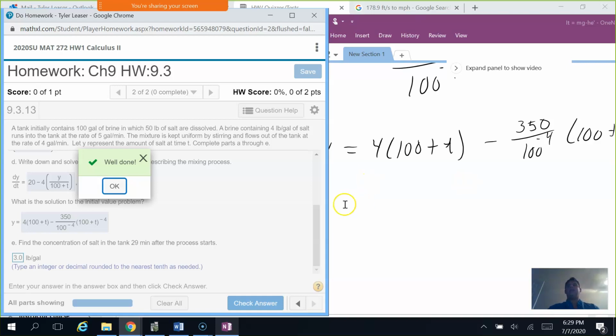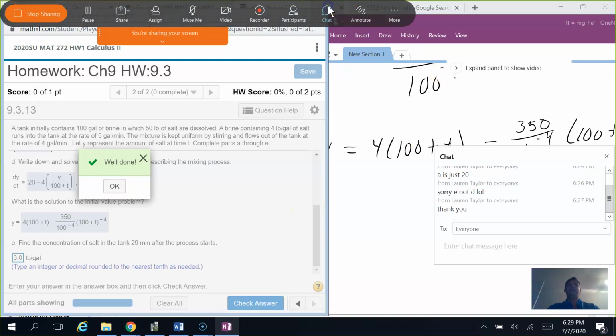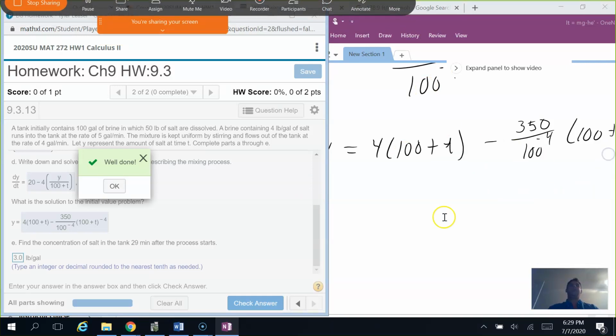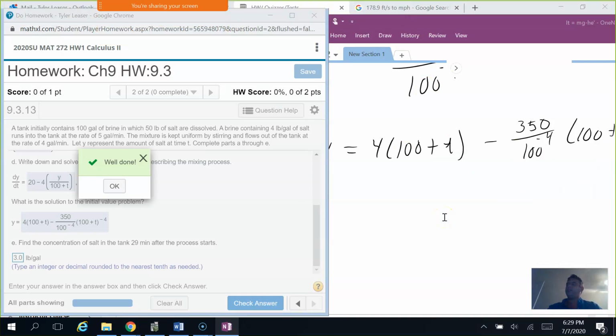Okay, great. So that was that one. Is there any other questions about this one? I would say this is probably the hardest stuff that you had to do there from chapter 9. Any other questions about any other homework questions, chapter 9 or chapter 10?